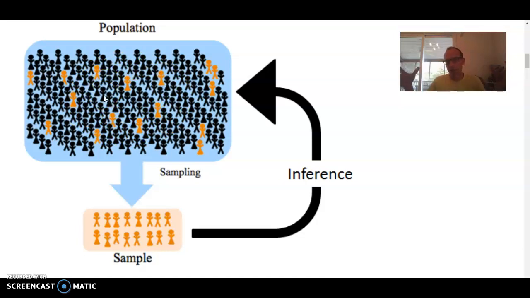And that's where the confidence interval comes in, because we can't be exactly sure that the sample is like the population, but we use the sample to make rough estimates, give or take a little bit, about the population. So that whole process is called inferential statistics.